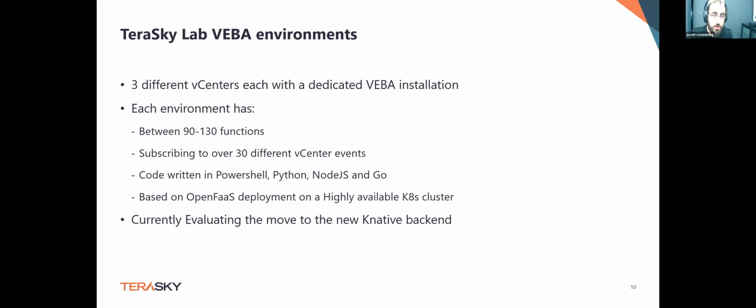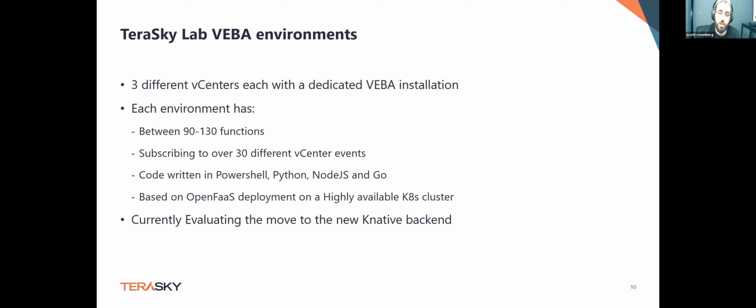Subscribing to over 30 different vCenter events, including things around the new vSphere with Tanzu, things around host management, storage, networking, as well as vCenter events. Most things I would say are written in PowerShell, but we do have quite a lot in Go and Python and a few in Node.js.